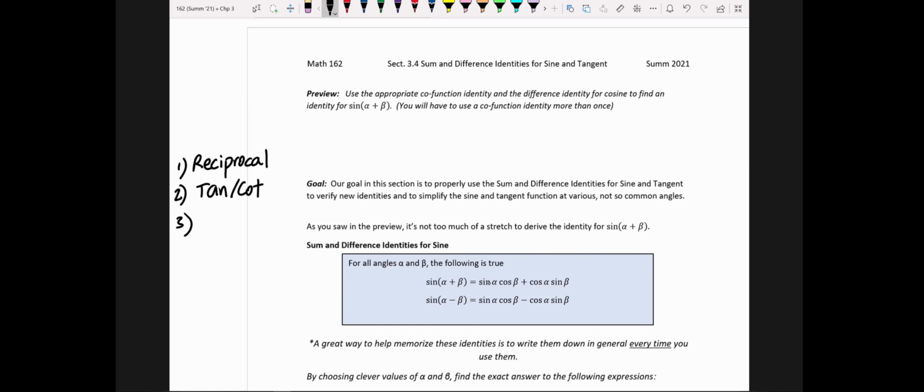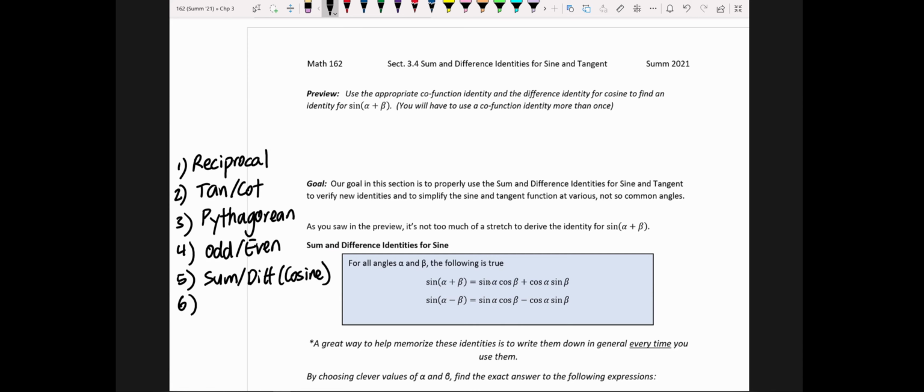Number three, we had the Pythagorean identities. Number four, odd even identities. Number five, sum and difference for cosine. Number six, cofunction.